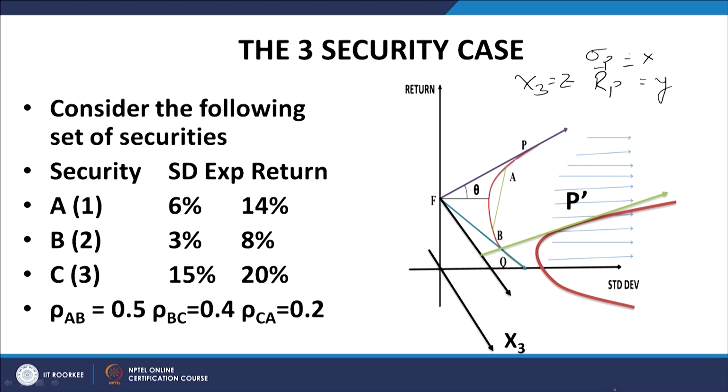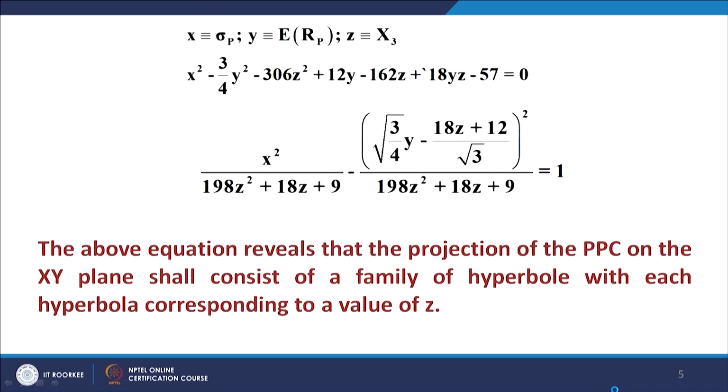Now, if you eliminate x 1 and x 2 and use this notation, this is the expression that you arrive at, x square minus 3 by 4 y square. This is what you get by eliminating x 1 and x 2 from the set of equations, where x is sigma p, y is expected return and z is the composition of x 3.